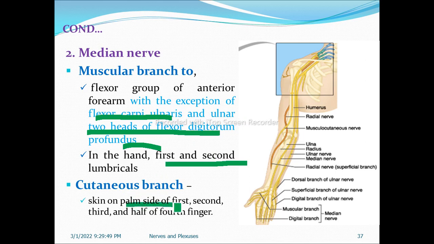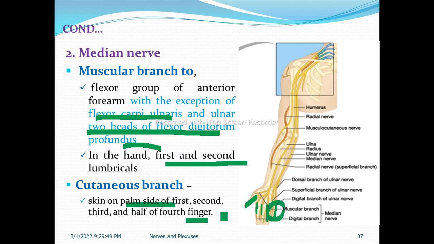And also the cutaneous branch of the median nerve supplies the skin on the palm side of the first, the second, the third, and half of the fourth finger. The palm side means the first, second, third, and half of the fourth is supplied by the median nerve, cutaneous branch. But the other half of the fourth finger and the fifth finger is supplied by the ulnar nerve, its cutaneous branch.